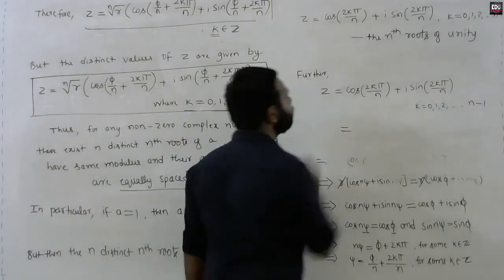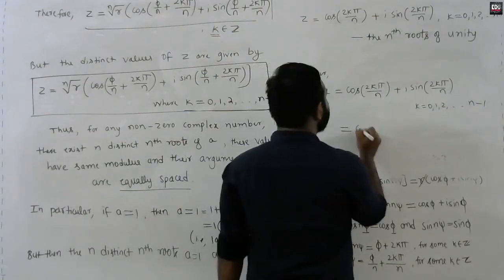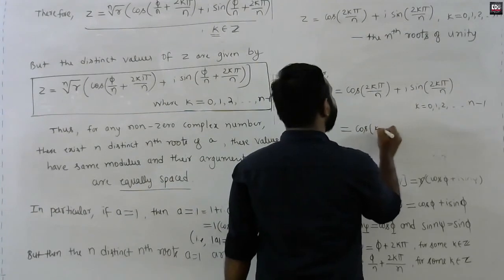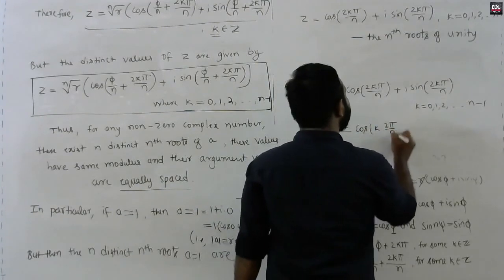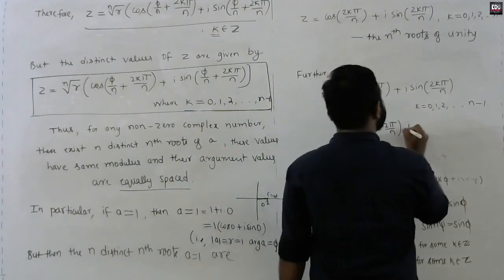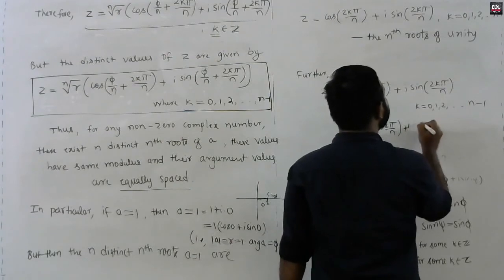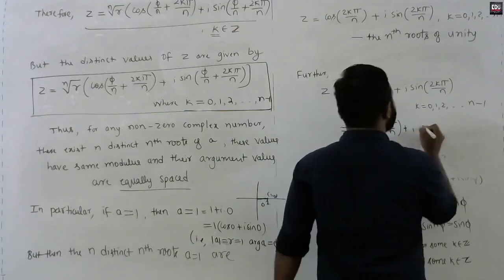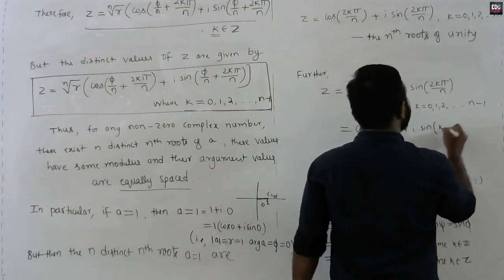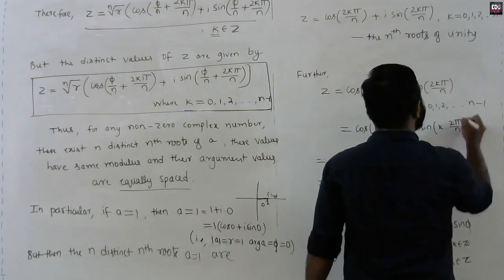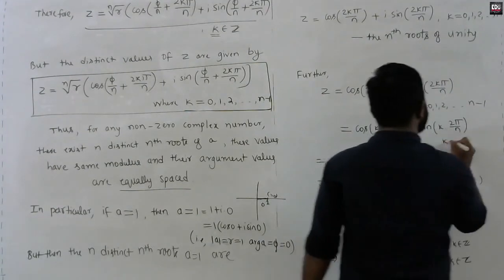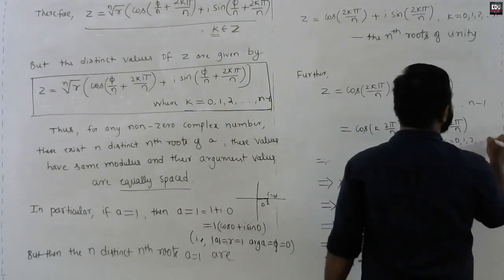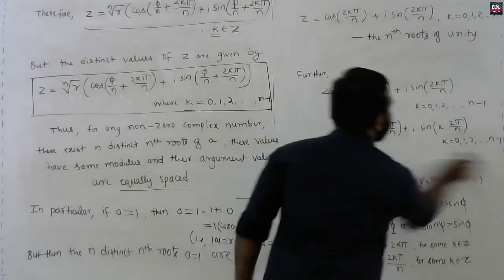Now I'll rewrite this as cos k into 2 pi by n plus i into sin k into 2 pi by n, for k values 0, 1, 2 up to n minus 1.